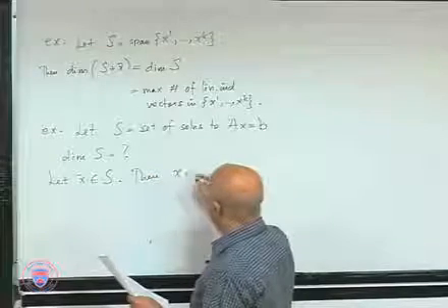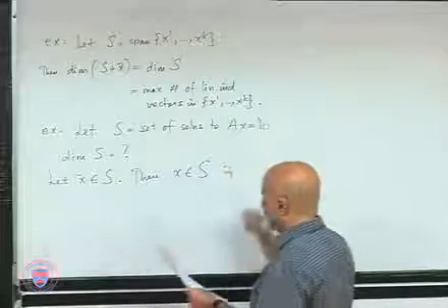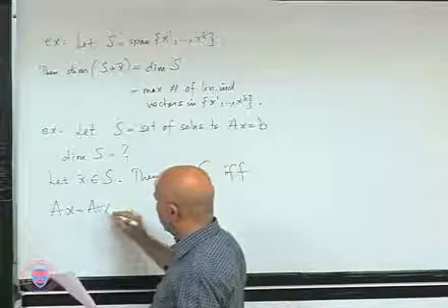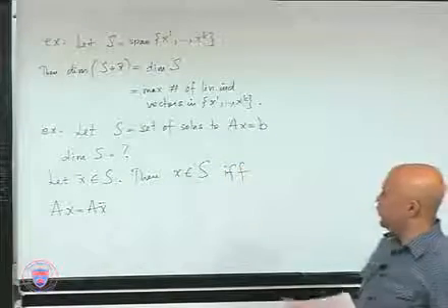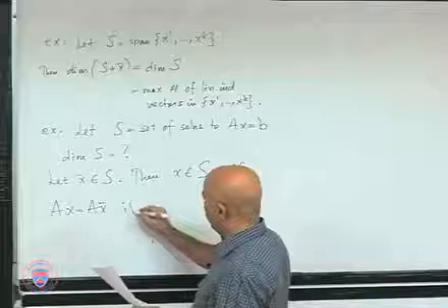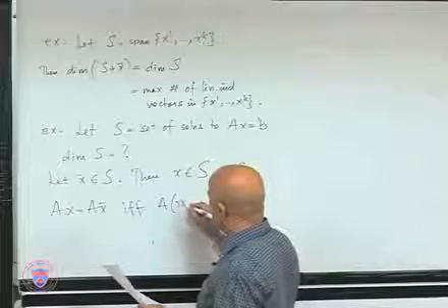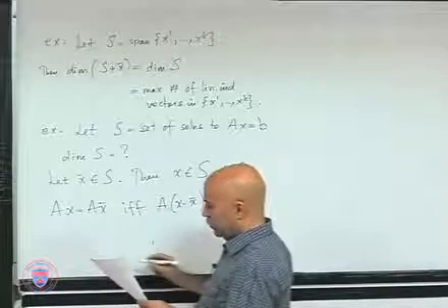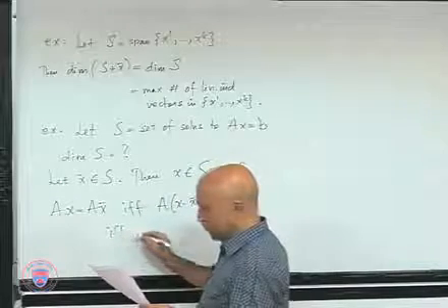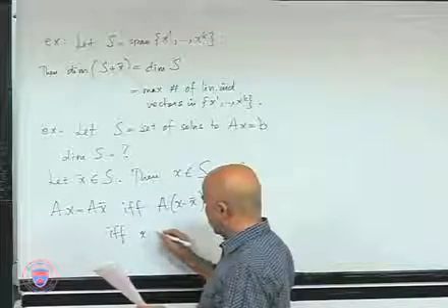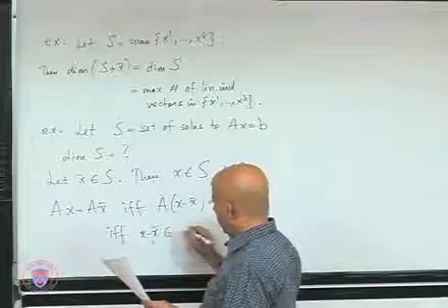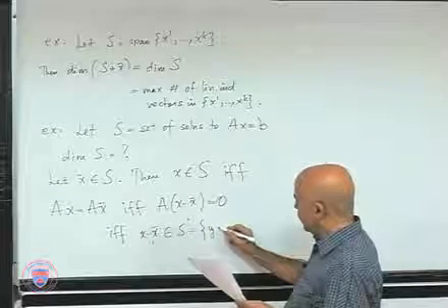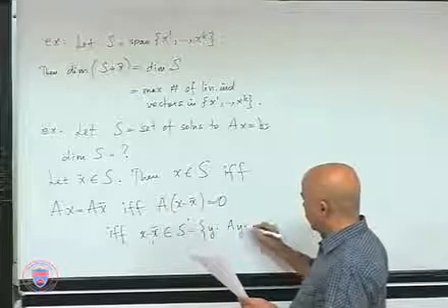Then a point x is in S if and only if Ax equals A x bar, because A x bar equals b, which is true if and only if A times (x minus x bar) is equal to 0, which is true if and only if x minus x bar is in the set S prime, which is the set of solutions to Ay equals 0.